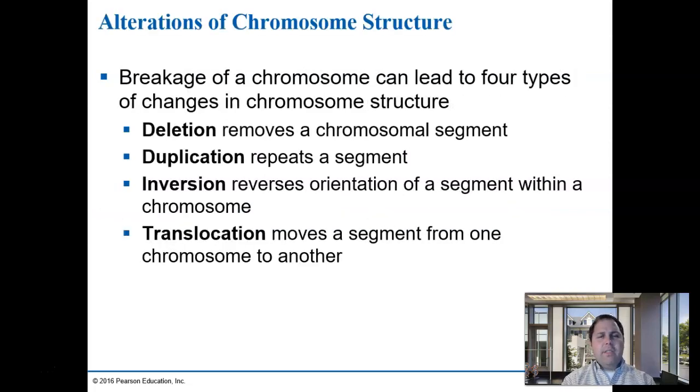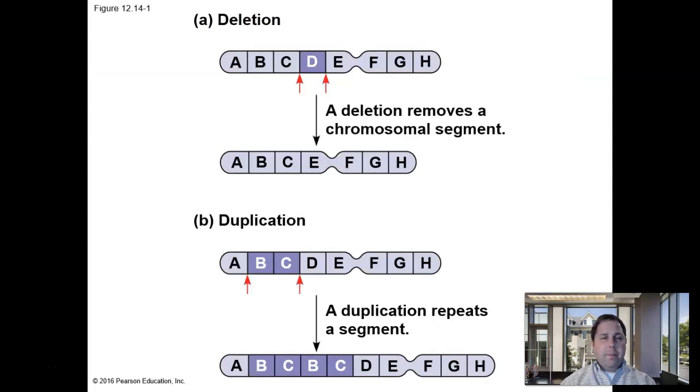You can also have some alterations to chromosome structure. So instead of thinking about an entire chromosome missing, you can have some events happen during meiosis that basically break or change the chromosome structure. You can delete a portion, you can duplicate a portion, you can invert, which is cut it off, flip it back, and stick it back on, or you can translocate it. You can move it from one chromosome to another.